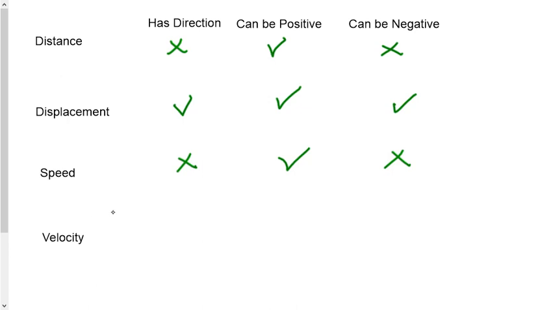Velocity is a vector, therefore it has direction, can be positive, and can be negative. So those are differences between them, always remembering that we will have pluses and minuses with displacement and velocity, but not distance and speed.